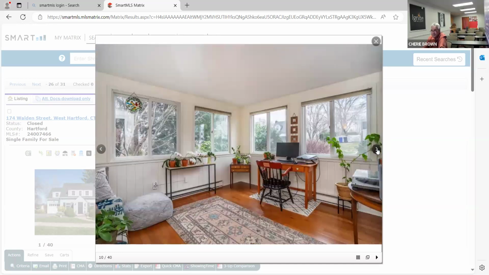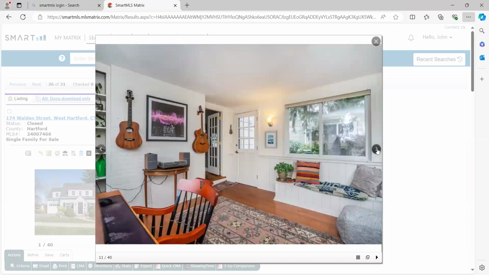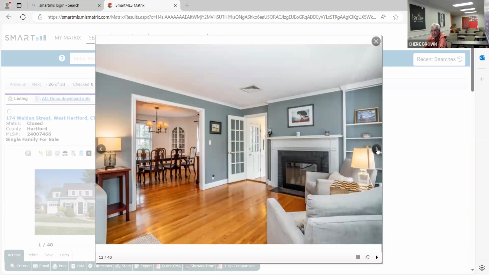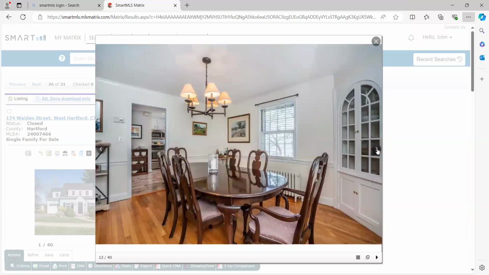Clean. Two hanging guitars. Obligatory corner hutch in the dining room.